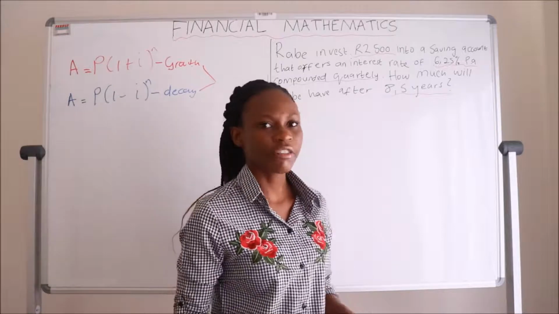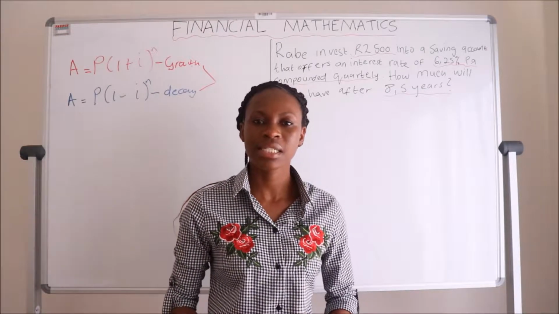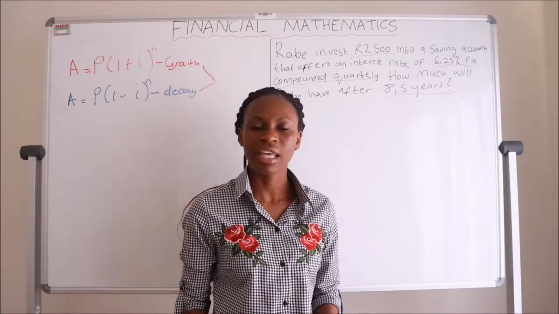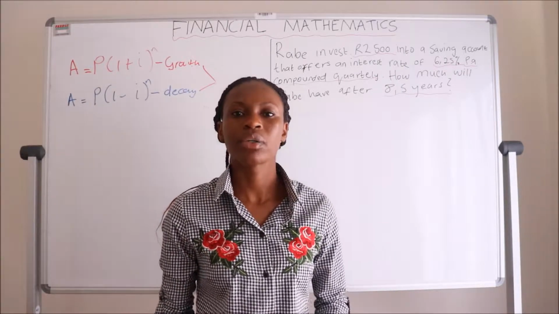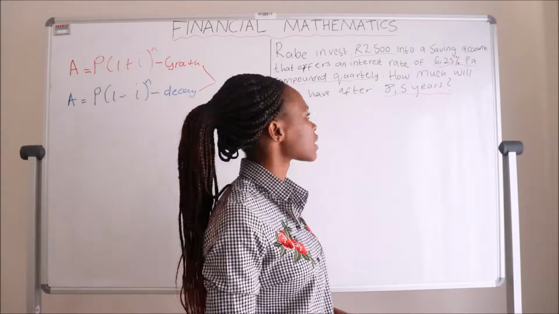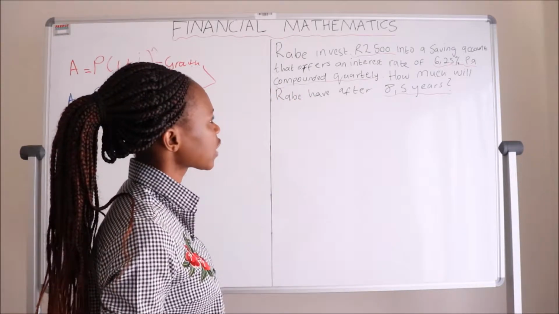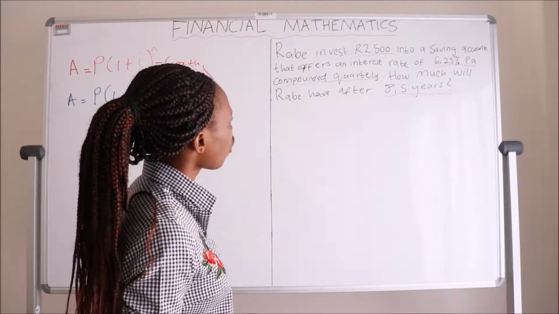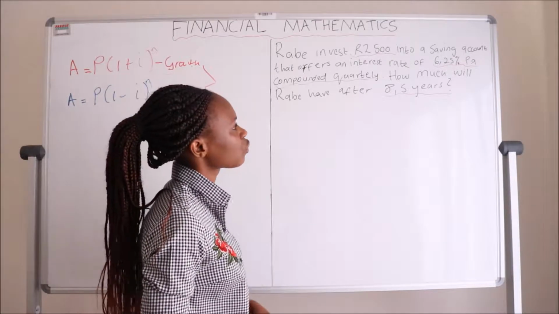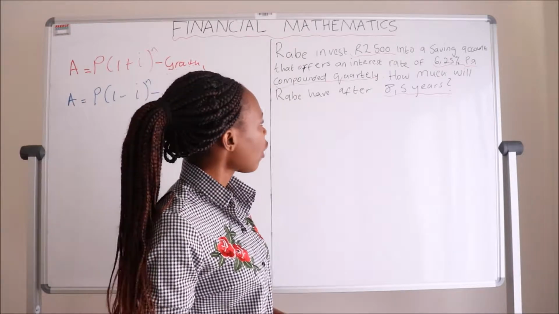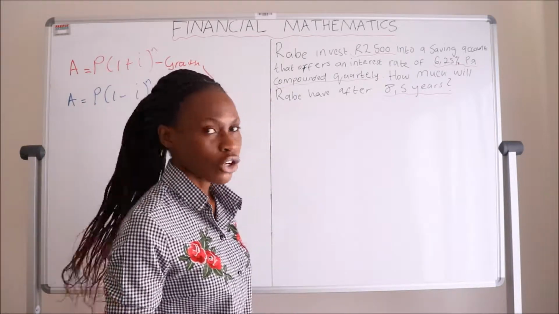Some of the things I've already explained in the previous lessons, so you can check the previous three lessons to understand more. Here we have: Rabe invested 2,500 into a savings account that offers an interest rate of 6.25% per annum compounded quarterly. How much will Rabe have after 8.5 years?